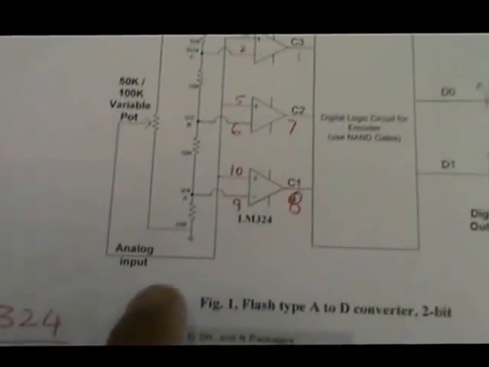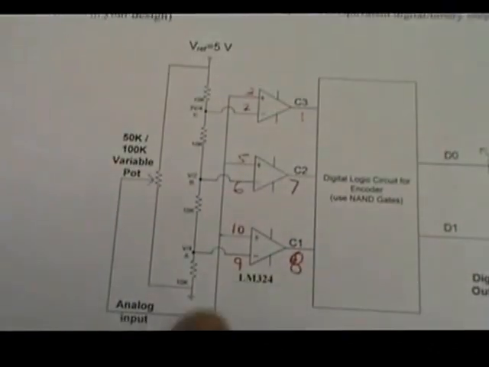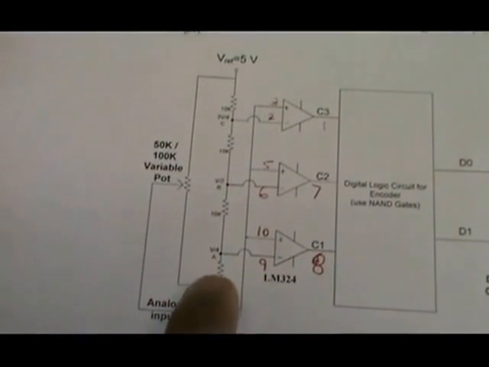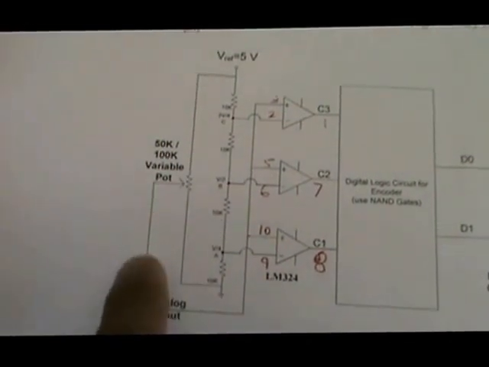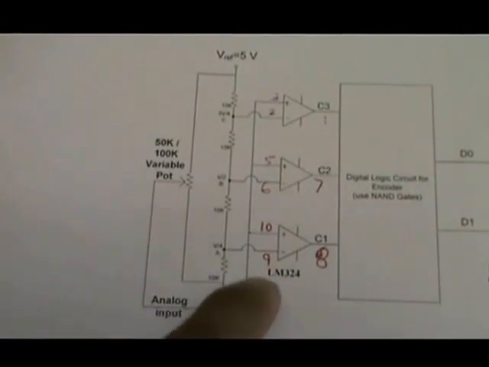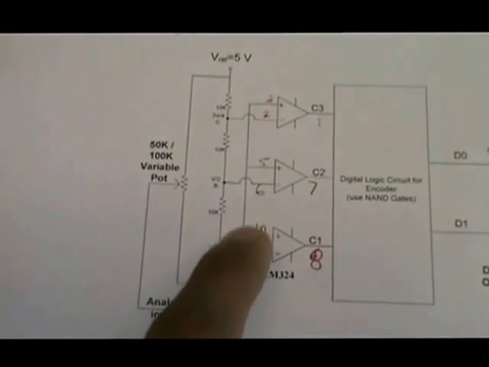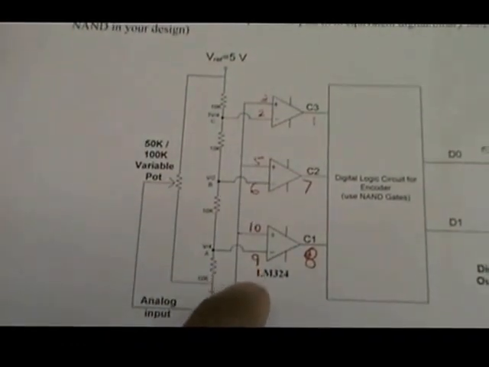There are 3 comparators, 1, 2 and 3. 3 fixed reference voltages are connected through resistor networks. For the analog input, we will use a potentiometer, which will vary the input voltages to each comparator.